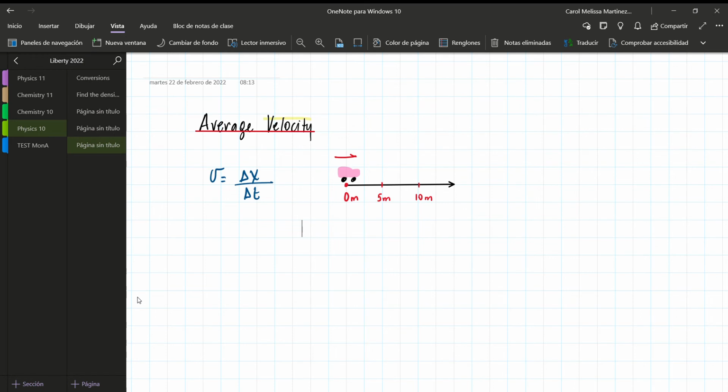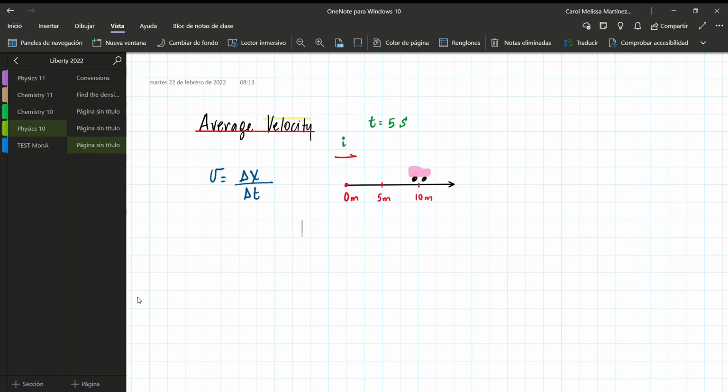Okay. So initially, this is what happens. Initially, my car is at the position 0. Okay. That's the first position of my car. So let's say that in a time of 5 seconds, my car ends up in this point.